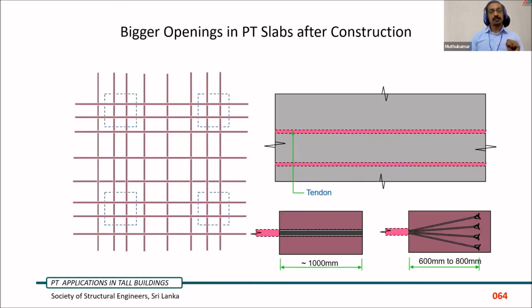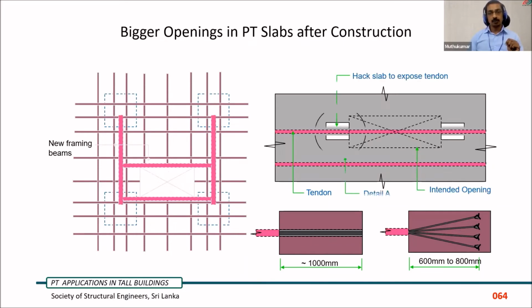However, bigger openings, such as for a lift or an escalator, have to be approached similarly to RCC. We have to introduce supporting frames, and then make the openings after checking whether the strands are properly grouted. At the intended opening, we have to hack and expose the tendon and see how good the grouting is. Then we have to make dead ends to get a proper anchorage.